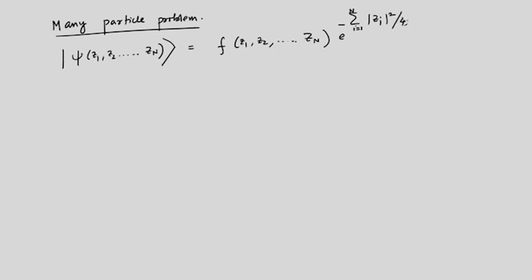Okay. So, in the many particle problem, on such general grounds, the psi, which is now a function of not only z1 z2 but of n particles, z1, z2, z3, corresponding to the complex coordinates of all these particles, can be written as some f of z1 z2 and so on till zn, for n particles, times exponential minus the summation i equal to 1 to n of z i square divided by 4 lB square.